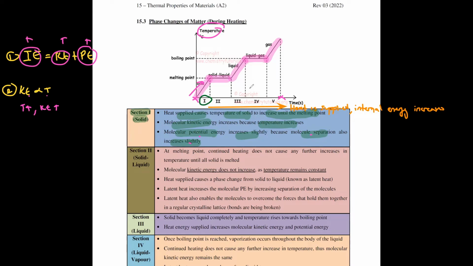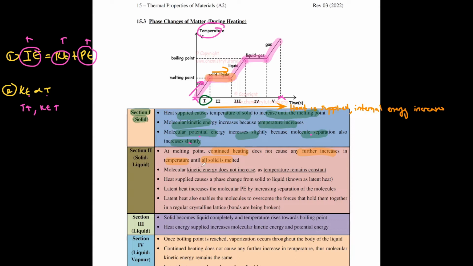Okay. Now, once you have reached your melting point, which is over here, whatever heat that you supply won't cause any further increase in your temperature. You see there's a horizontal line here. Your temperature didn't continue to increase. It will remain this way until you melt off all the solid. All right. Now, one thing to note from here is this.